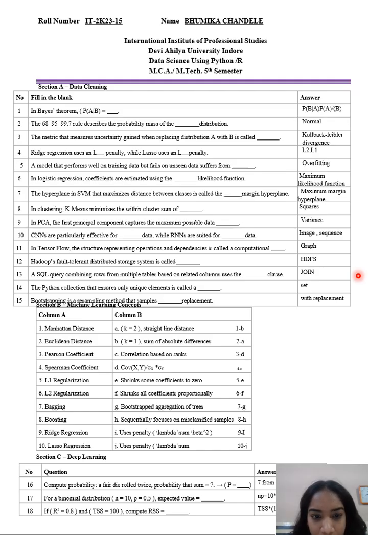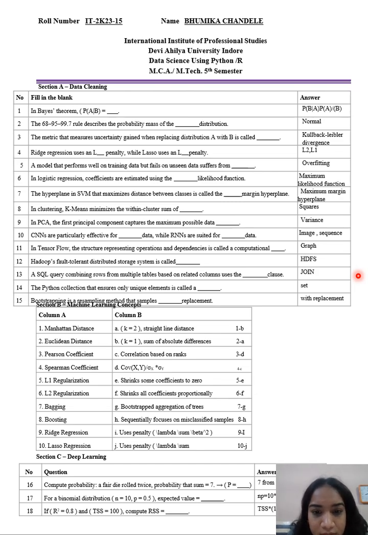Thirteenth question: a SQL query combining rows from multiple tables based on related columns uses the dash clause. Join clause, because this combines rows across tables by matching keys.